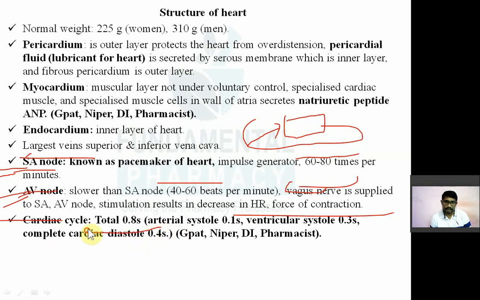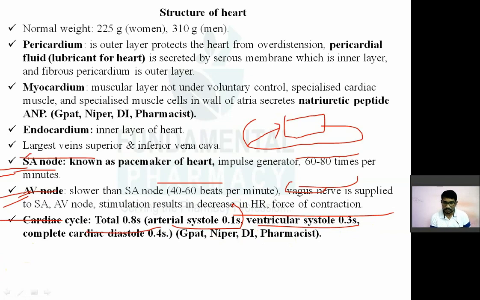Now this is divided into subtypes. Atrial systole, meaning contraction of the atria, takes 0.1 second. Ventricular systole is 0.3 second, and complete cardiac diastole. The atria or auricles will contract for 0.1 second, ventricles will contract for 0.3 second, and in complete cardiac diastole, the ventricles and atria will relax. Systole means contraction, diastole means relaxation.